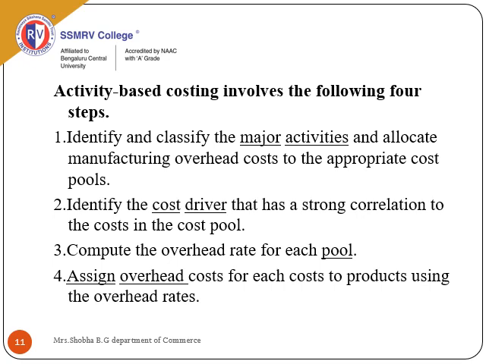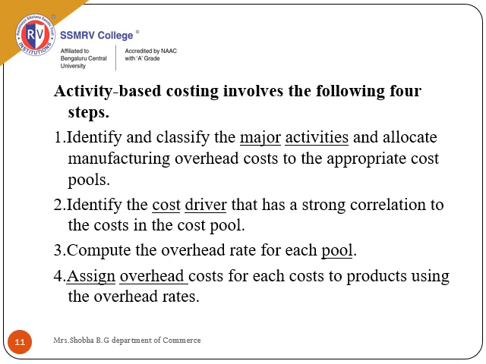Then the second step is identifying the cost drivers that have a strong correlation to the cost in the cost pools. So for each of the cost pools or activities, we have to find out what the cost drivers are. It means how many times each activity has been performed, as the number of occurrences of each activity is going to decide the cost of that particular department or activity.